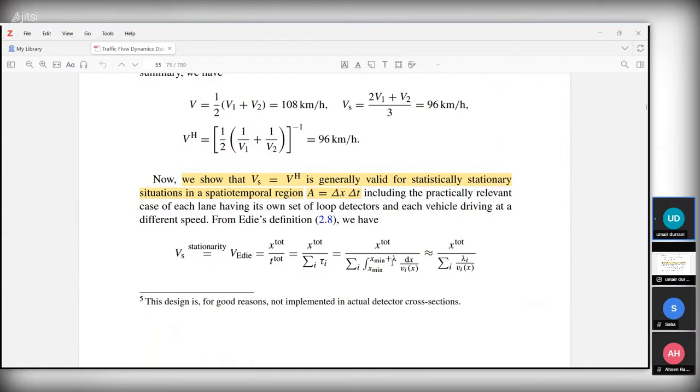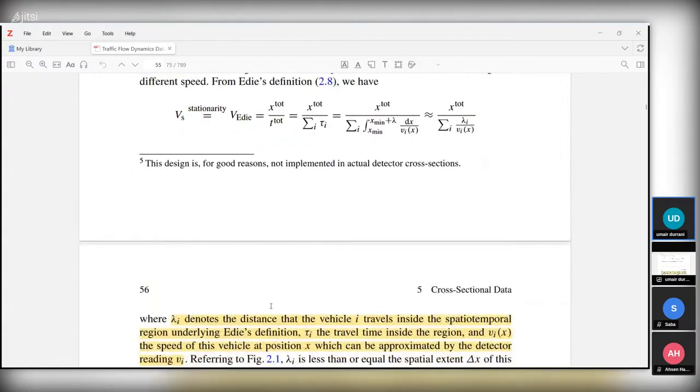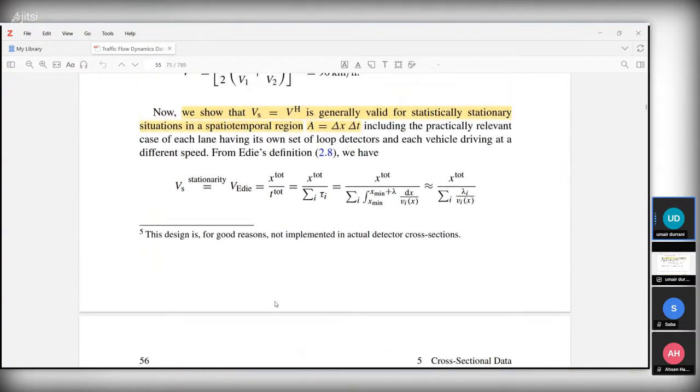Here lambda is also defined, and it denotes the distance that the vehicle i travels inside the spatiotemporal region underlying Edie's definition. So this is the distance traveled by the vehicle, which obviously goes from the minimum x coordinate up to whatever x max is, and that we can get from x min plus lambda.